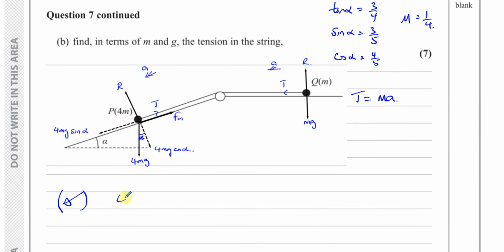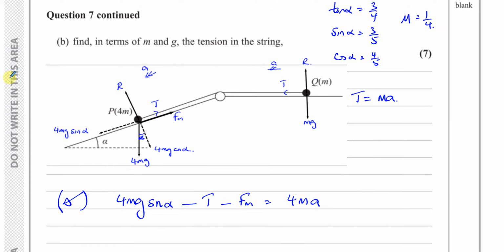So we have 4mg sine alpha, acting in this direction. What's opposing that motion is the tension in the string and also the friction, because this side has a rough plane. That's equal to the mass, 4m, times the acceleration, which we'll call a.